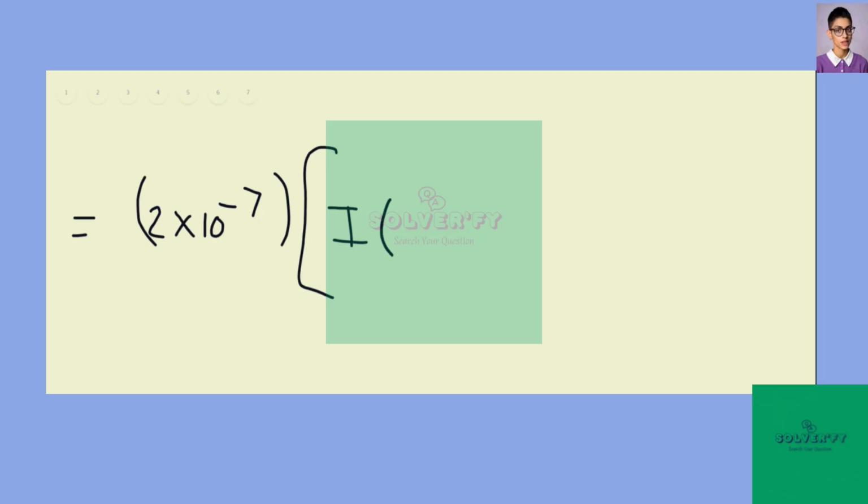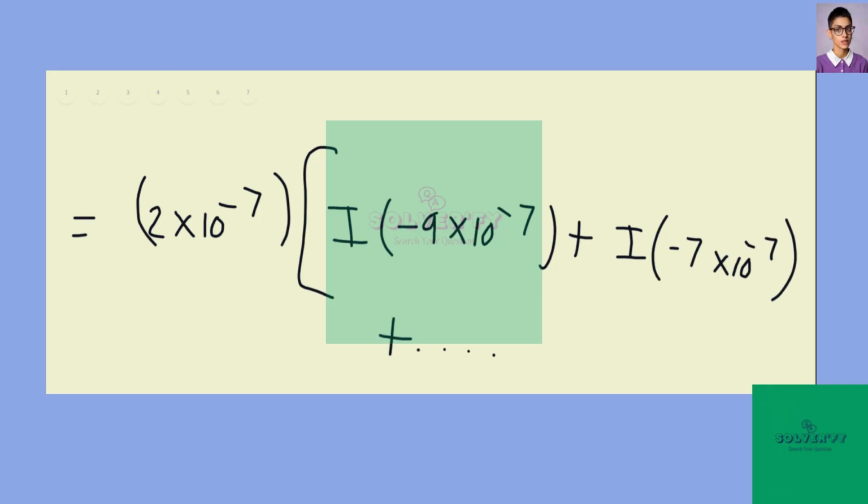So it's negative 10 to the negative 6th plus 10 to the negative 7th, which is negative 9 times 10 to the negative 7th, plus I of negative 7 times 10 to the negative 7th plus dot dot dot all the way up to the final I value, which is 10 to the minus 6th minus 2 times 10 to the negative 7th.